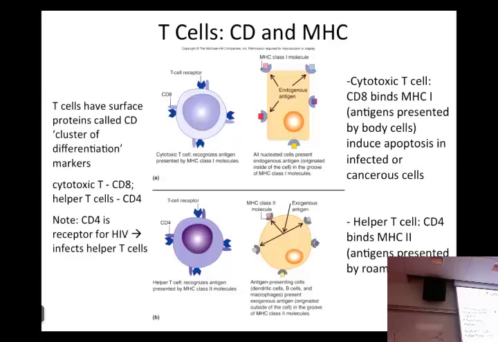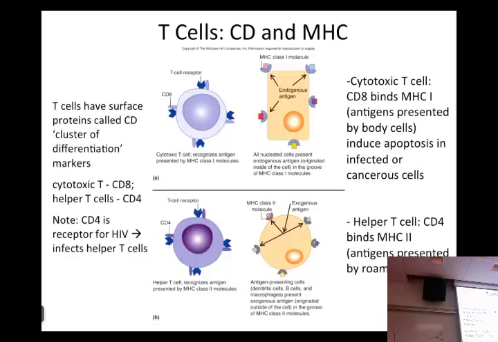It's binding antigens, right? It has some specificity. It's looking for something like this circle. Now, it also has what we call a CD protein, which is another kind of receptor. All T cells have CDs on them. Cytotoxic T cells have something called CD8, and helper T cells have something called CD4.